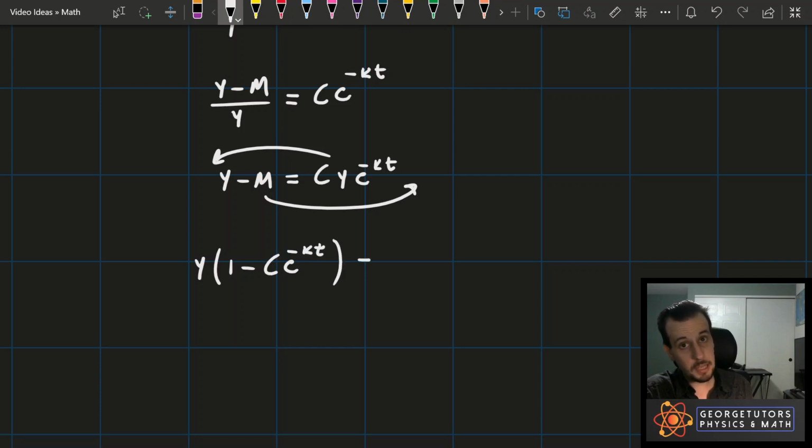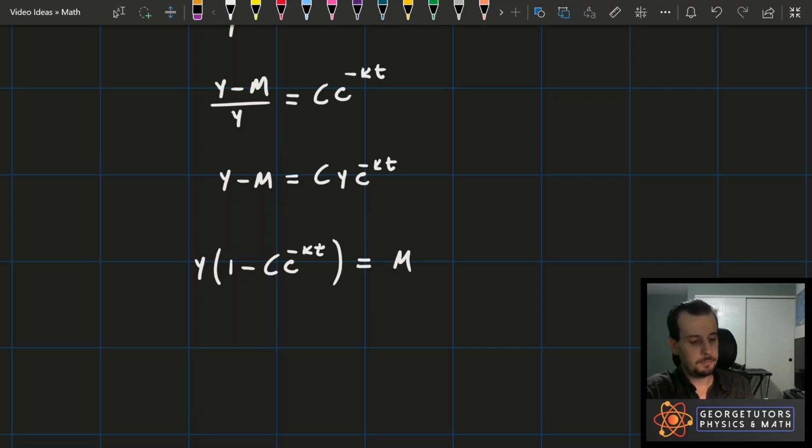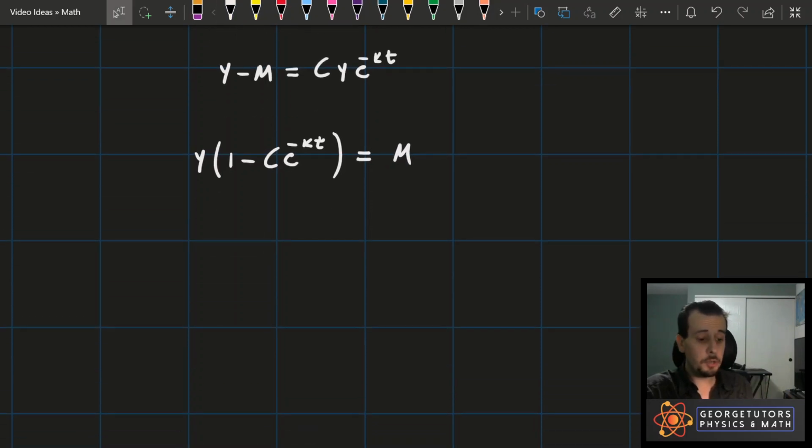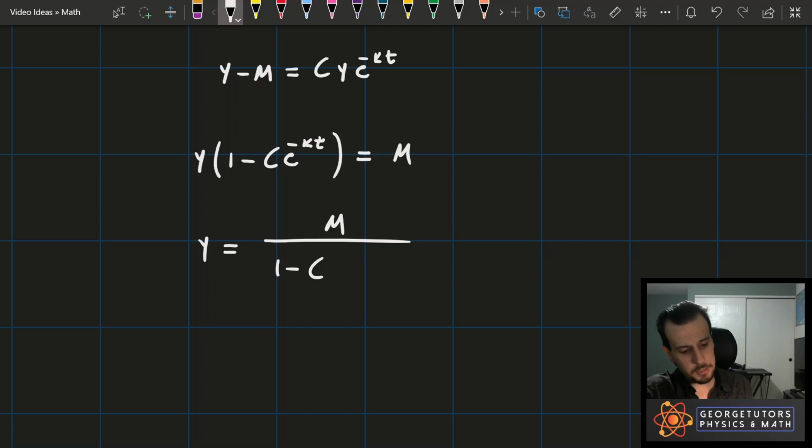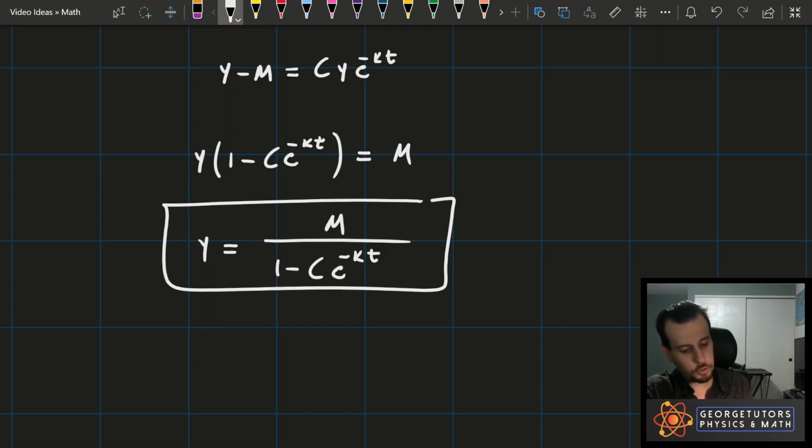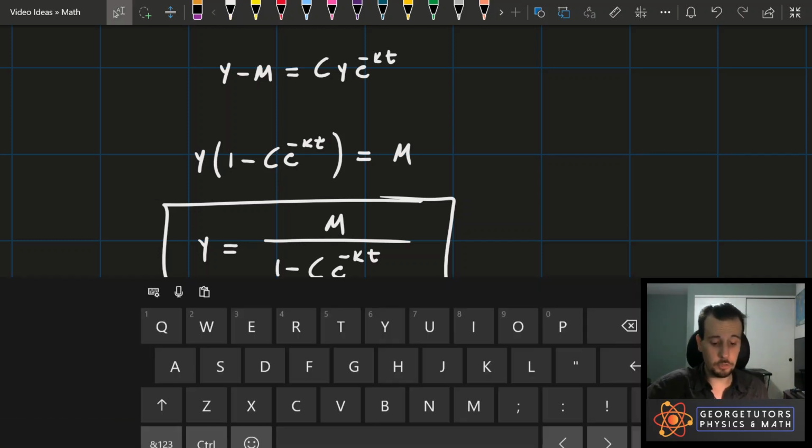And on the right-hand side, I am going to end up with just plus m. Now from here, I can simply just divide both sides by the factor that I've obtained on the left. And that leaves me with this answer, which is the general solution to the actual logistic differential equation.